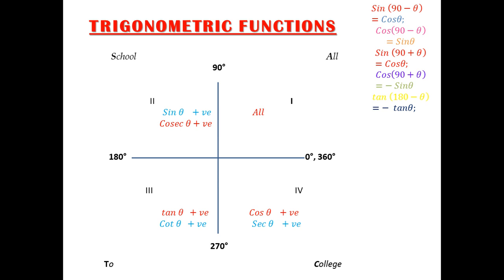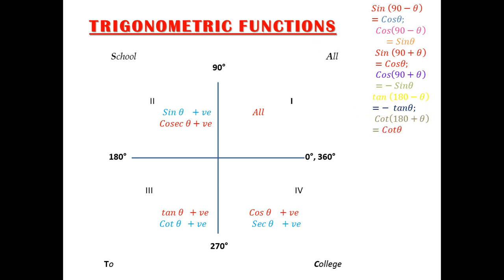No change. Tan, what is tan in second quadrant? Tan is negative. So our answer is minus tan theta, because tan is negative in second quadrant. So we put negative sign before our answer. Minus tan.